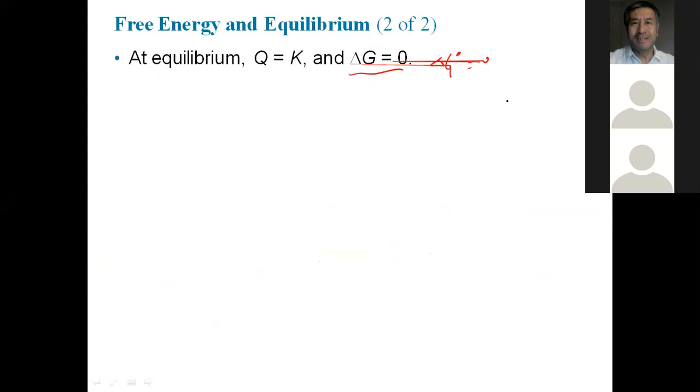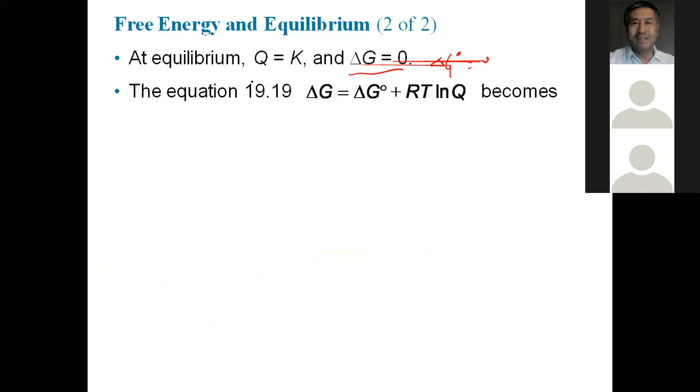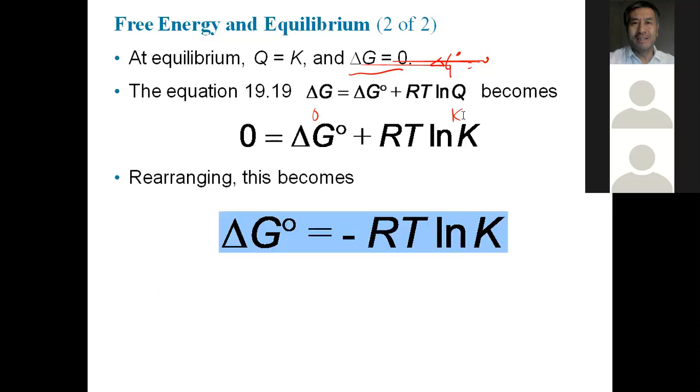At equilibrium, the reaction quotient Q equals K. So we can use this equation to calculate our K. We change this equation so delta G becomes 0 and Q becomes K, then we get this new equation. Rearranging it, delta G naught equals negative RT ln K. On the next slide, we are going to use this equation to calculate our K.